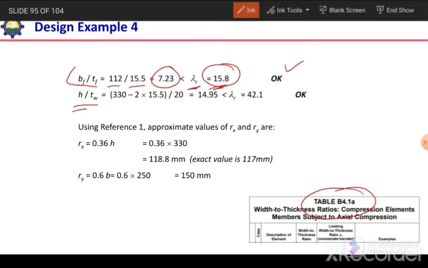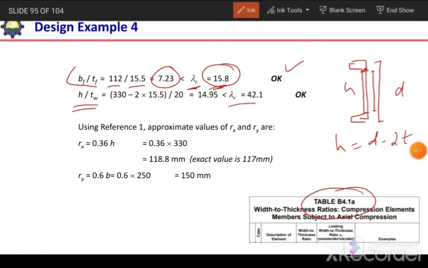So next we need to check for the web. For web, h over tw should be less than lambda r. If we see the channel section, we have the total depth d, and the width of this web is equal to h, and this h will be equal to d minus 2 times thickness of flange, the thickness of this flange as well as this flange.